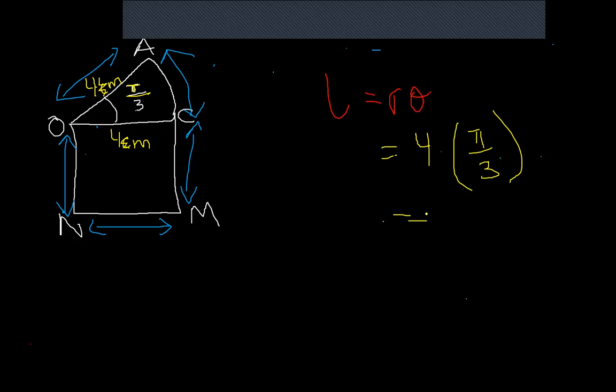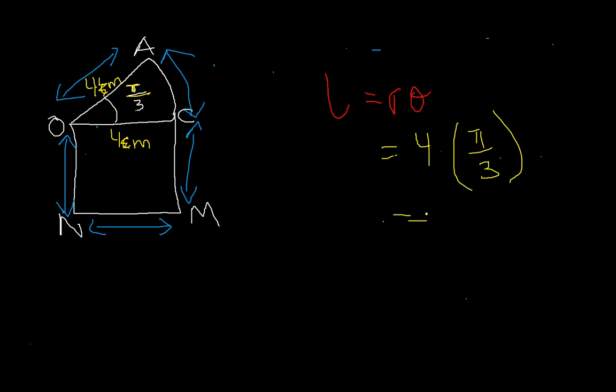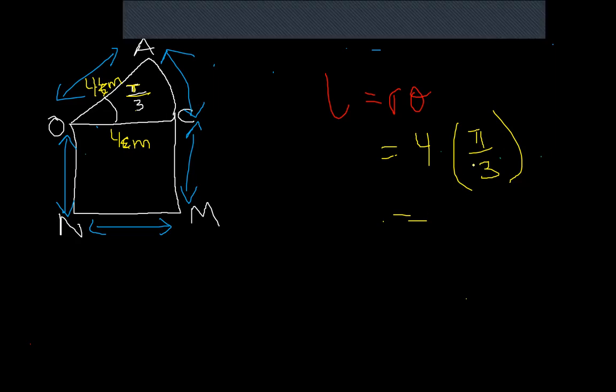All you have to do is put it into your calculator. 4.1. Miss, I got 4.1. Miss, how many decimal places? 8.